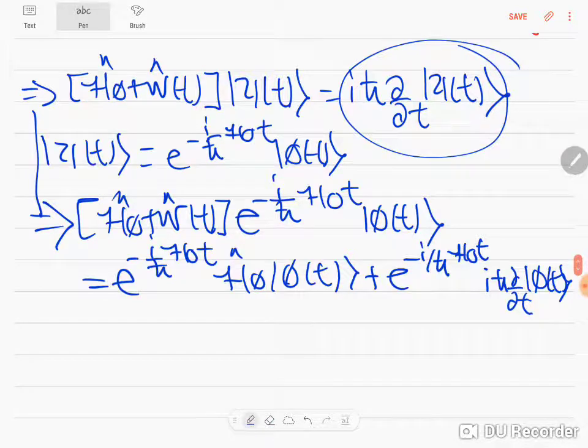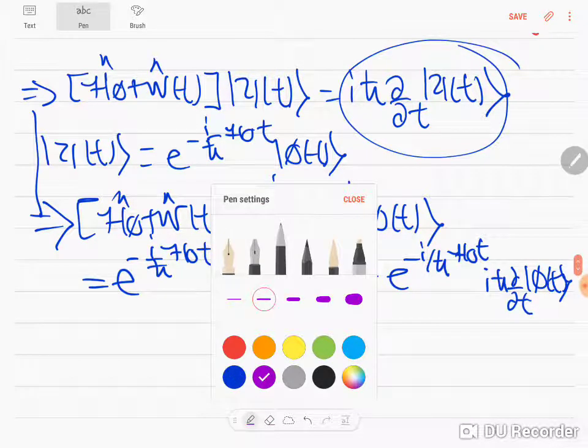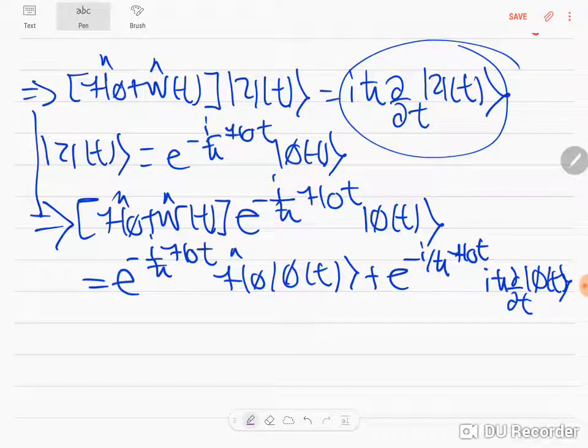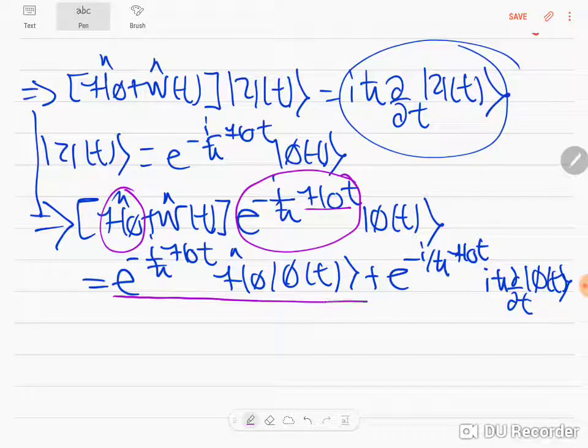Let me use purple to just show you something. Here we have H0, and we have e^(-i/ħ H0 t) on |φ(t)⟩. Since H0 and this exponential containing H0 commute, we actually have the very same thing that we have here.